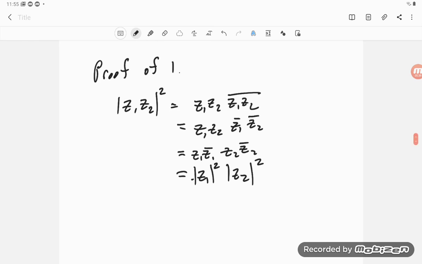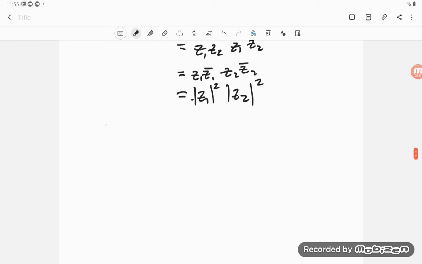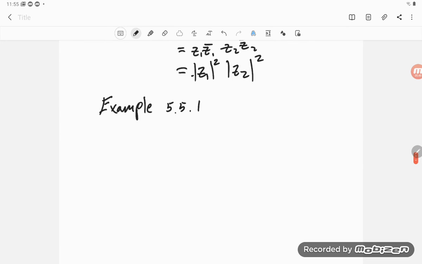And so, I kind of like their example, I guess. So they give this example, 5.5.1, and they say, oh, okay, here z is 1 plus i to the 4th over 1 plus 6i times 2 minus 7i.